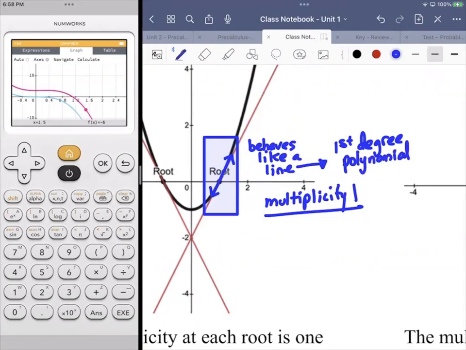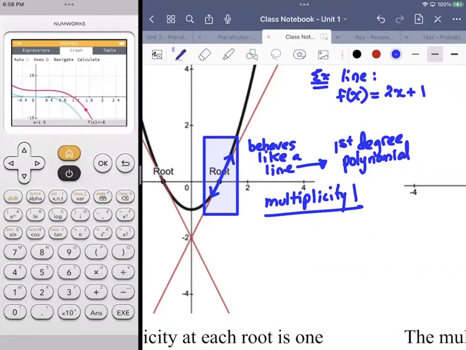Now, you may not be trained to think of a line as a first degree polynomial, but I'll give you an example of a line. You might have something like y equals f of x equals 2x plus 1. We talked about this on the previous page. The degree is the highest power within the polynomial.